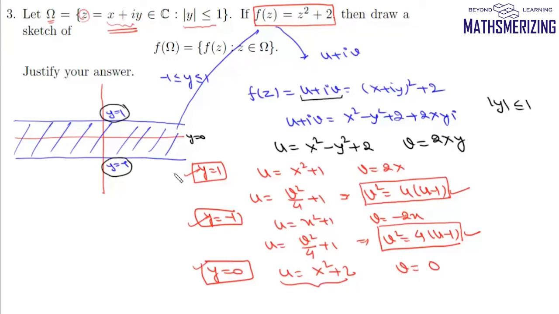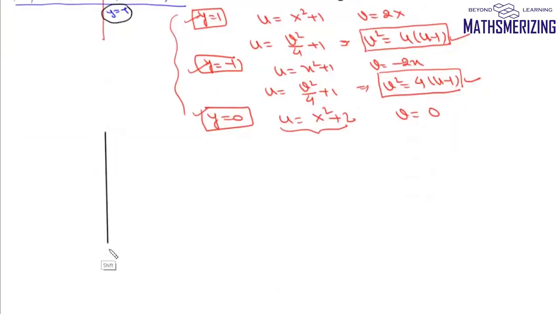Now what we'll do is we'll plot these three sketches. Now this is u and this is v. Now this is y square equals 4ax. So it represents a parabola opening rightwards and shifted 1 unit to the right.